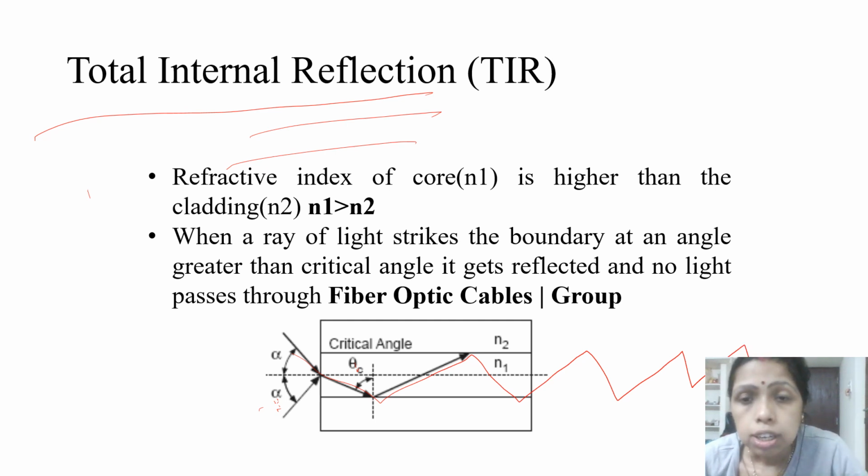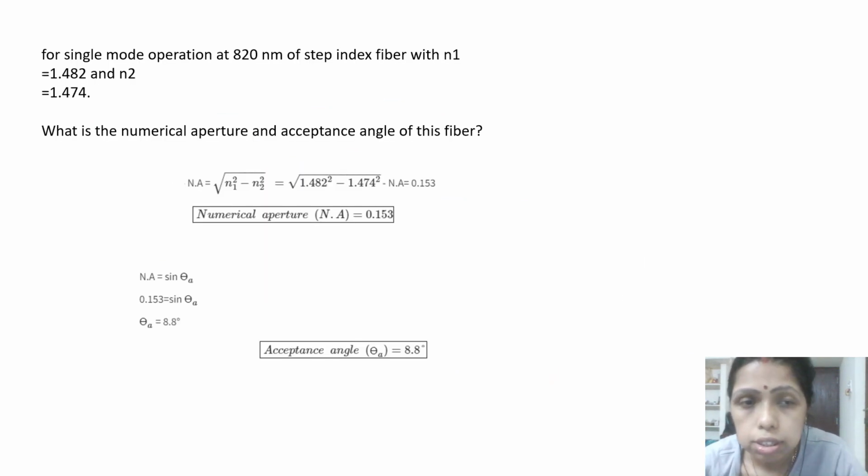That means eta 1 should be greater than eta 2, and when the light is incident on the fiber, it should create the critical angle theta c when it hits the core-cladding interface. If it does not follow this, then it cannot create total internal reflection.